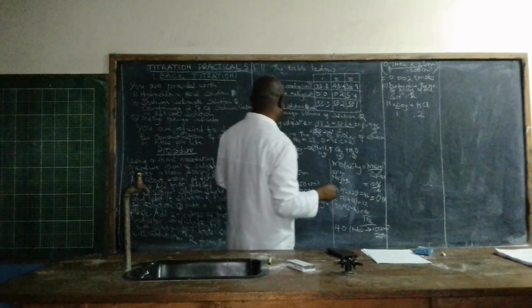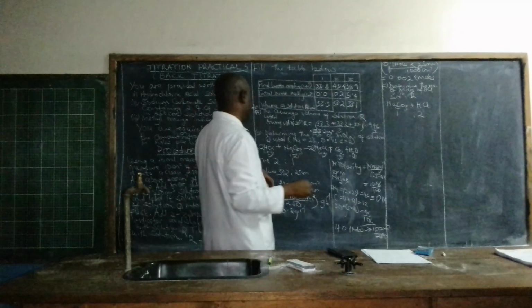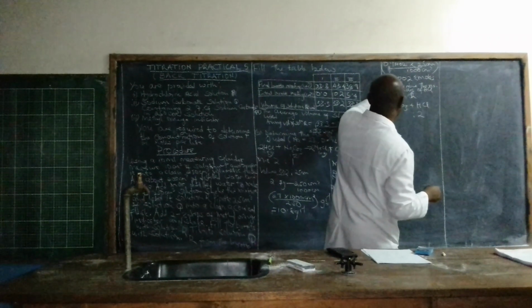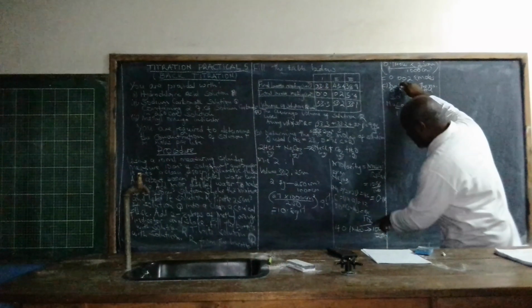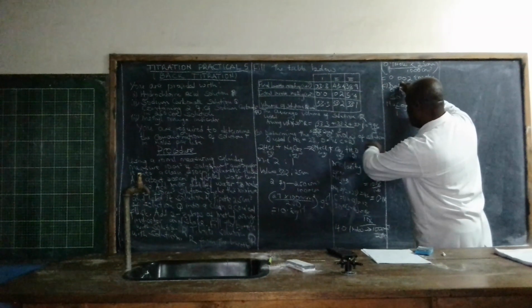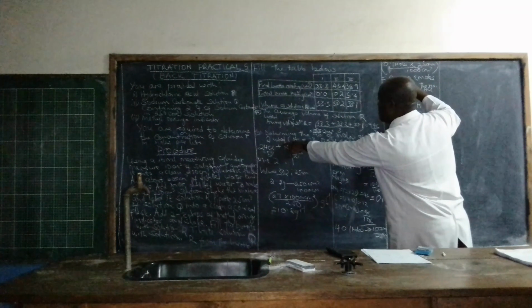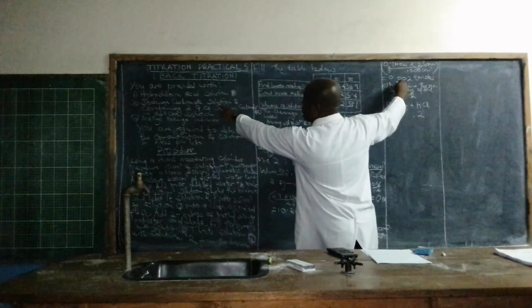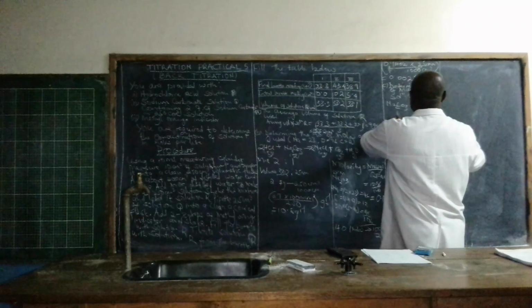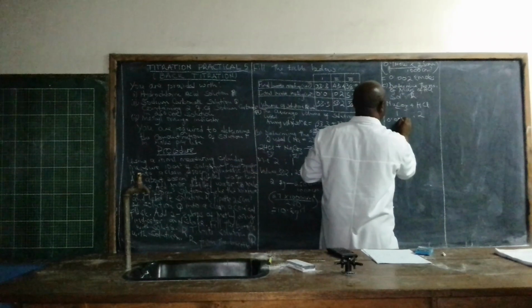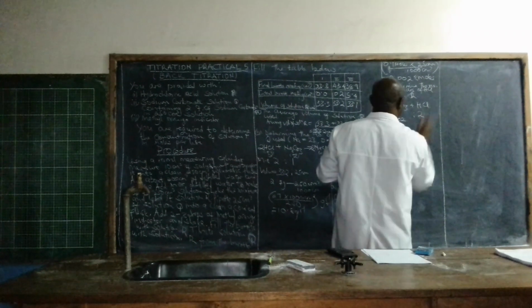Let us say it like that, according to this arrangement. Now, the number of moles here, we have found, is of the sodium carbonate, the number of moles of solution Q used. Solution Q used is sodium carbonate.